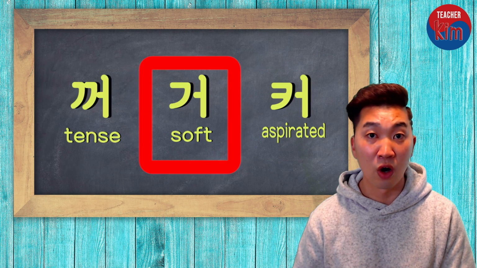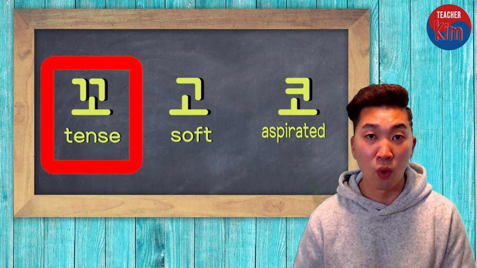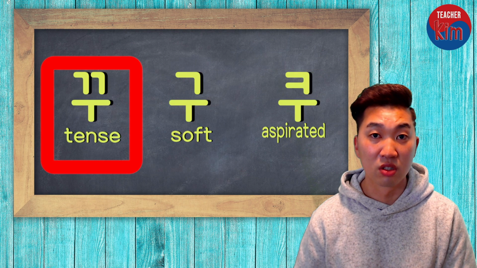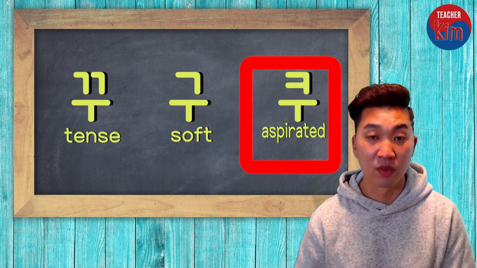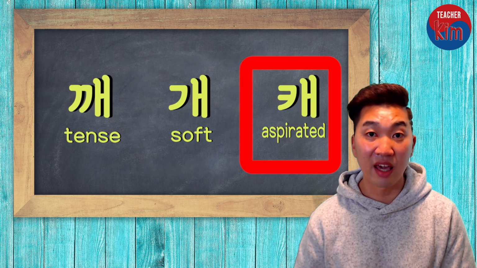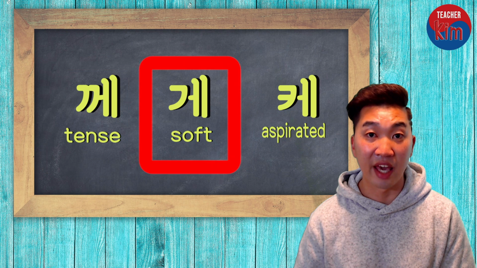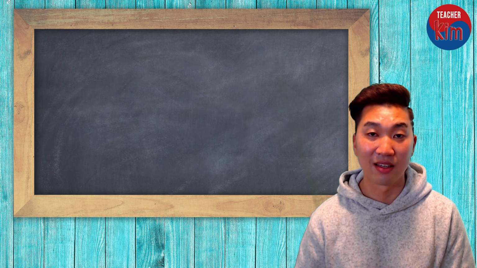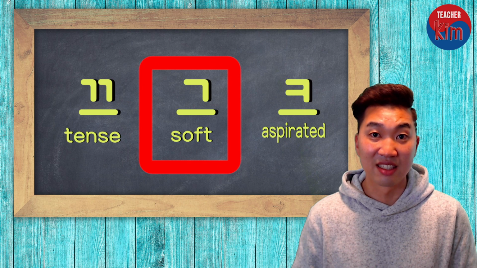Now with the other vowels: Ko, Go, Ko, Gu, Ku, Ge, Ke, Ki. You should learn to control the amount of air when pronouncing them.